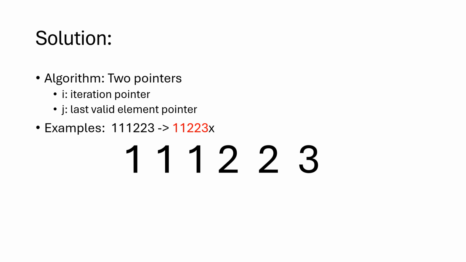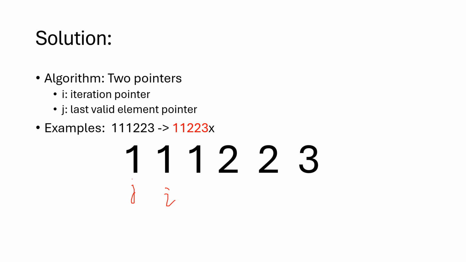In the beginning, we have the J pointer pointing here and the I pointer pointing here. When we look at the first element, we know for sure that it is valid because it's less than 2. So it's safe to let J point to the first one to mark it as a valid element. And then I points to the next element we're going to check.